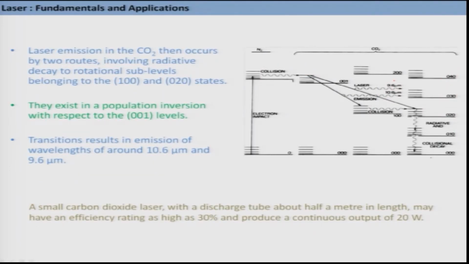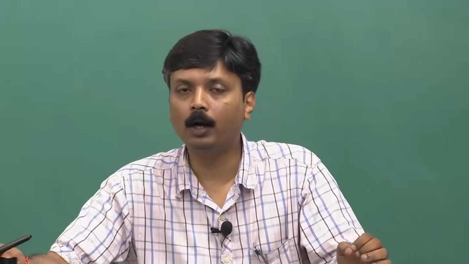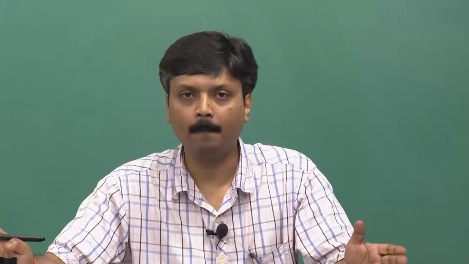One more piece of information here: a small carbon dioxide laser with a discharge tube about half a meter in length may have an efficiency as high as 30%, and it produces a continuous output of 20 watts. A continuous wave laser having 20 watts is amazing.